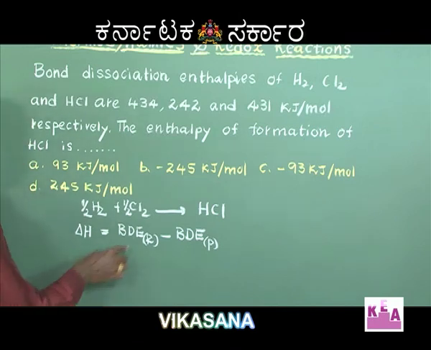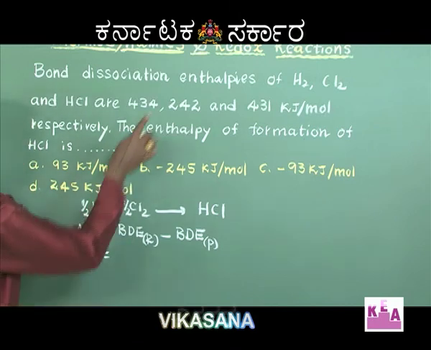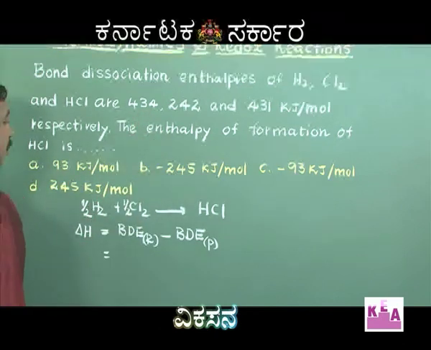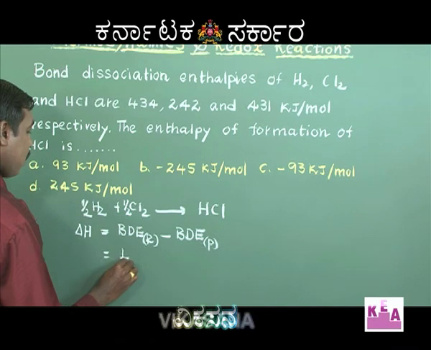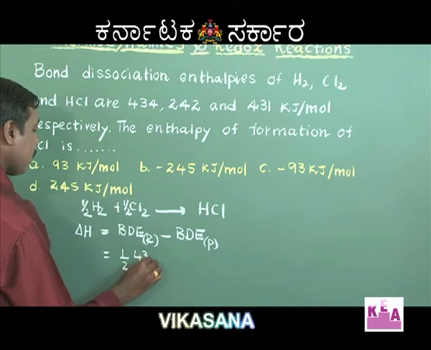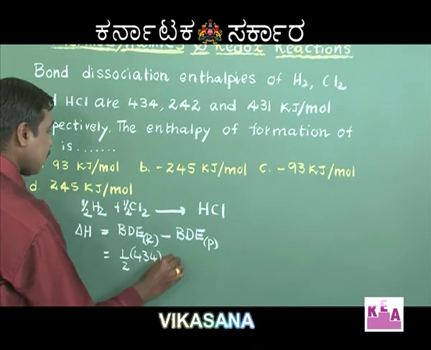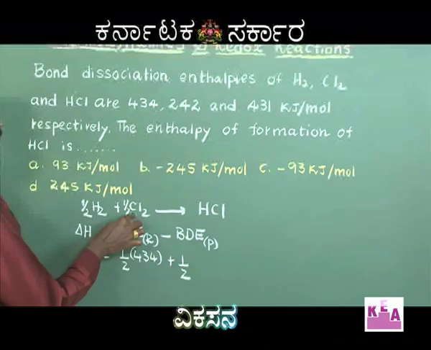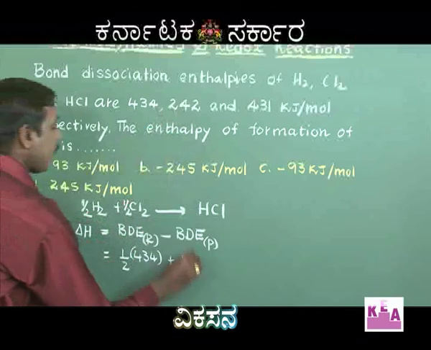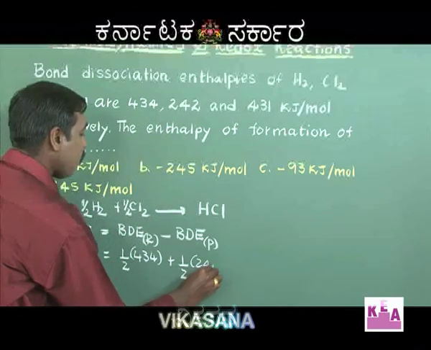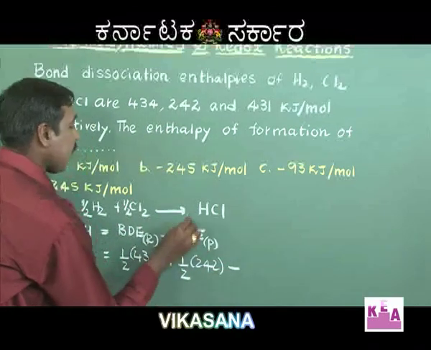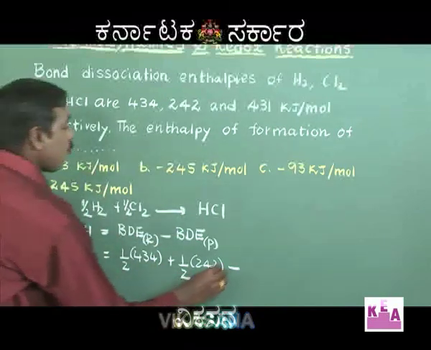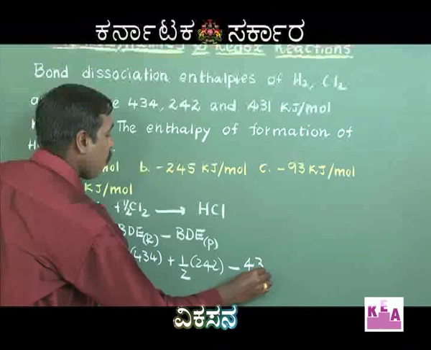The enthalpy of hydrogen was given as 434, so it is half of 434, plus half of the enthalpy of chlorine, given as 242, minus the enthalpy of HCl, given as 431.